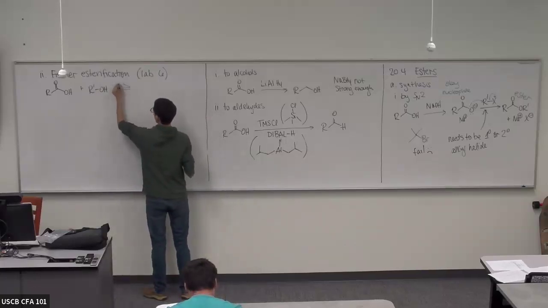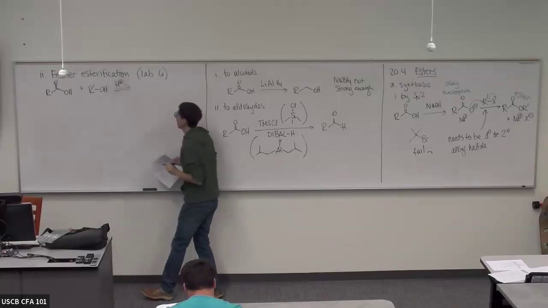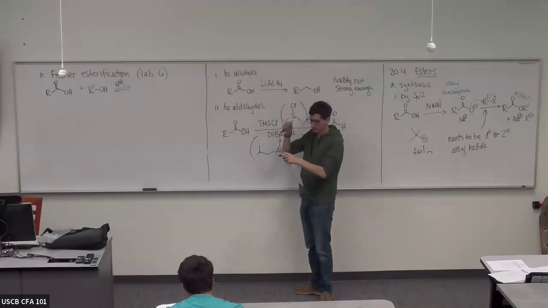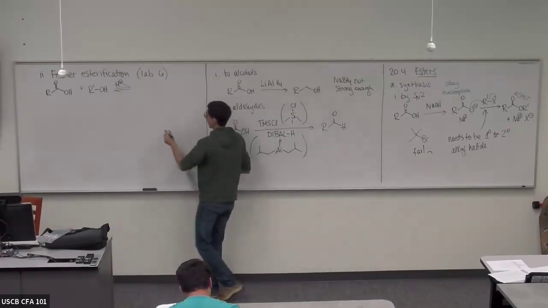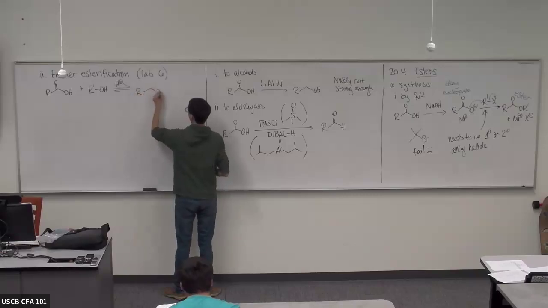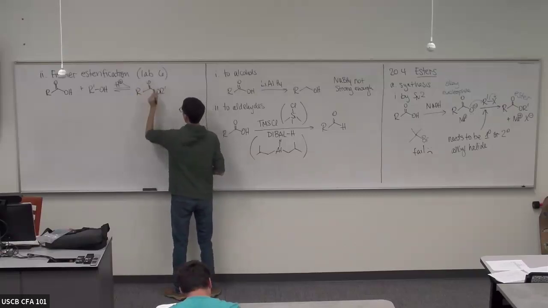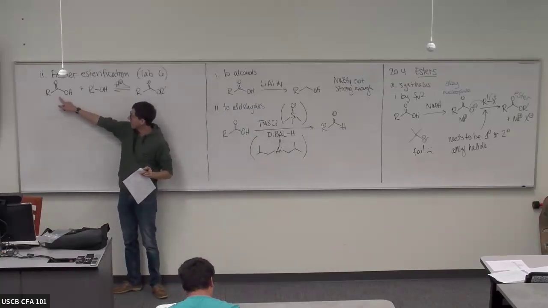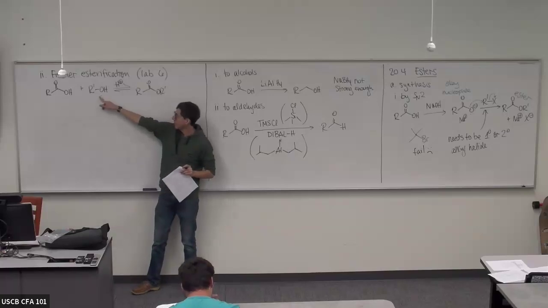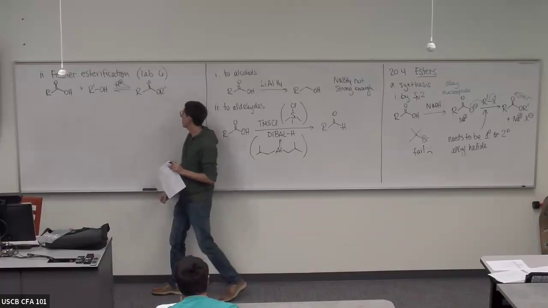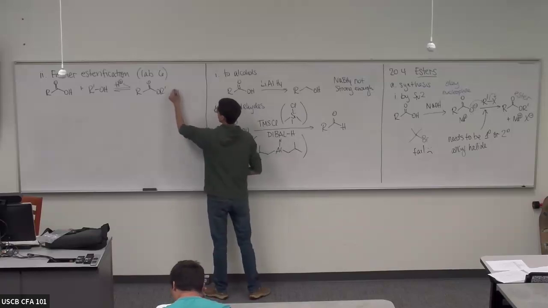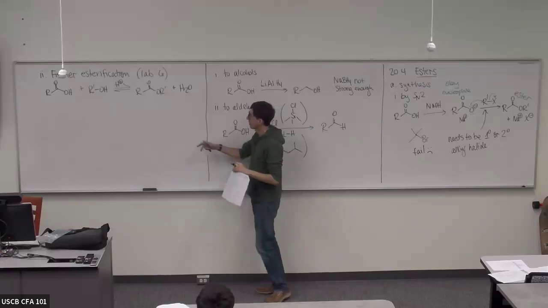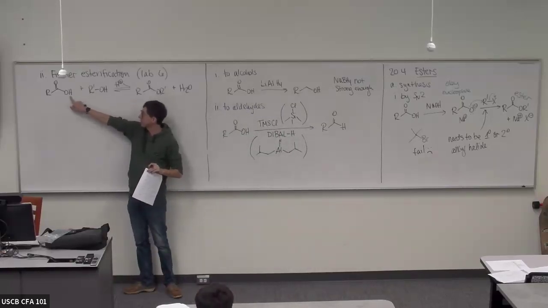We need some catalytic acid, and this is an equilibrium process. And from that, we get our ester, which is a combination of our original carboxylic acid, R group, and the organic group that was on the alcohol. And as a side product here, we get water because our carboxylic acid has lost the hydrogen.